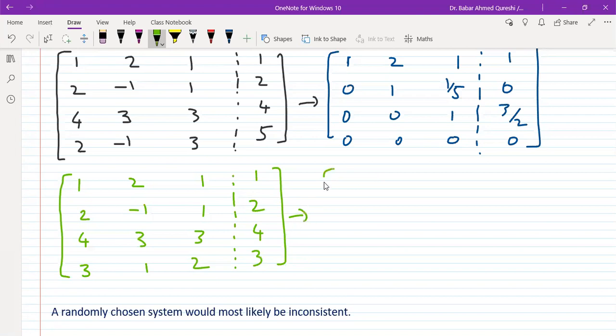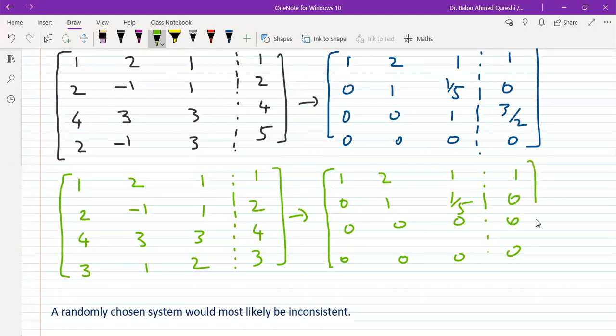When you do, so this I can put right away 0. But what I find, because nothing is stopping this to happen in some cases, that you don't get any lead variable here. This becomes 0. But fortunately, on the right hand side, again, you have zeros. So it's consistent. And can you tell me what's the free variable here?